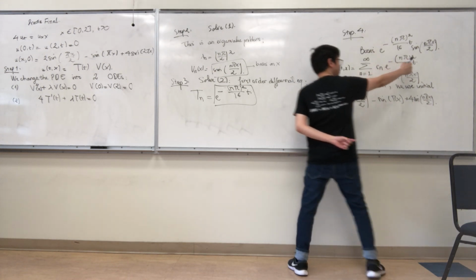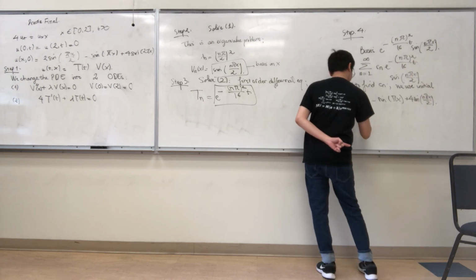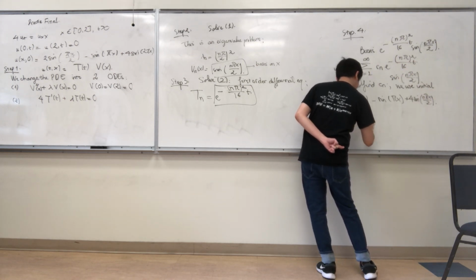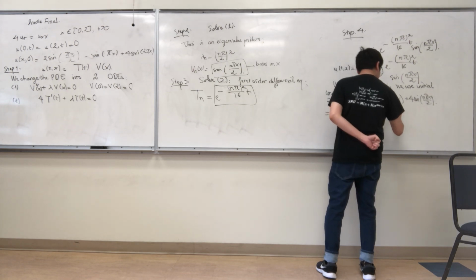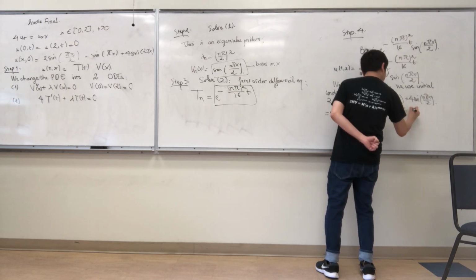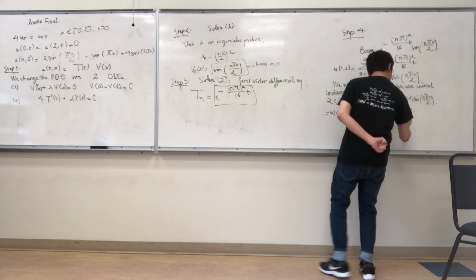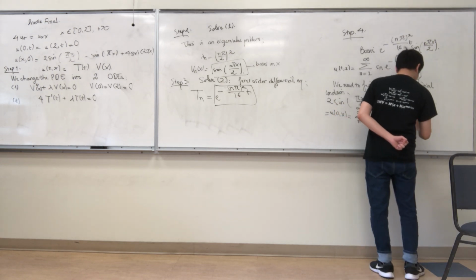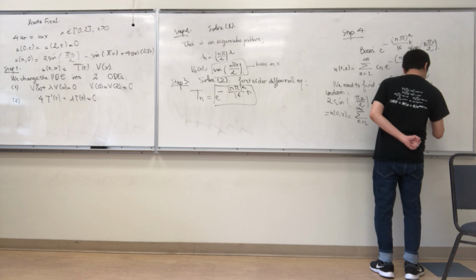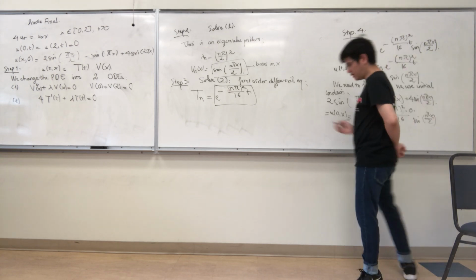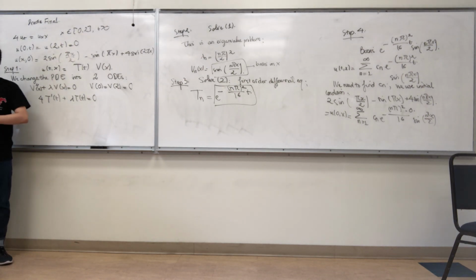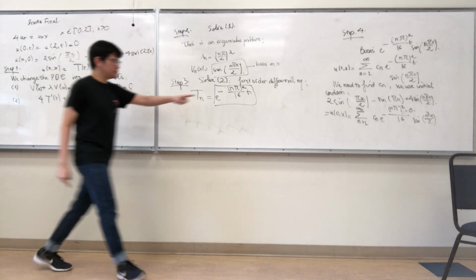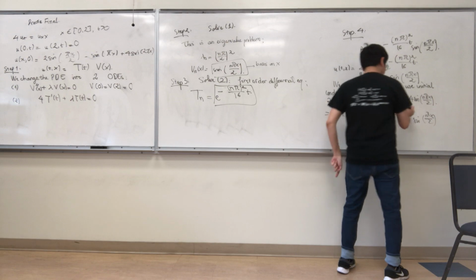And when you replace t = 0 here, you're going to have the sum of c_n exp(−n²π²·0/16) sin(nπx/2). It's good, because when you replace 0 here, you get 1.